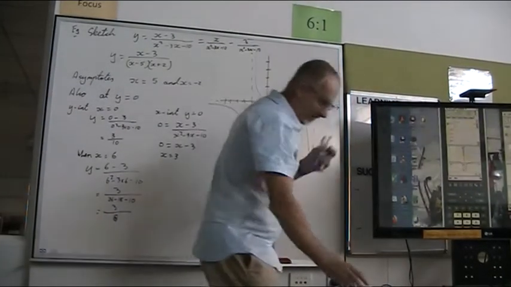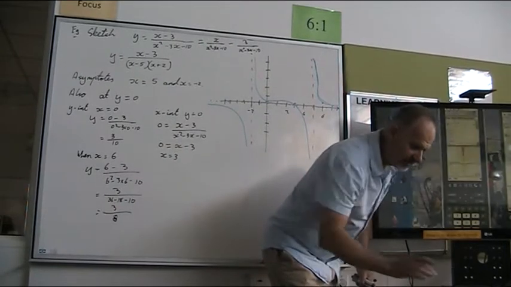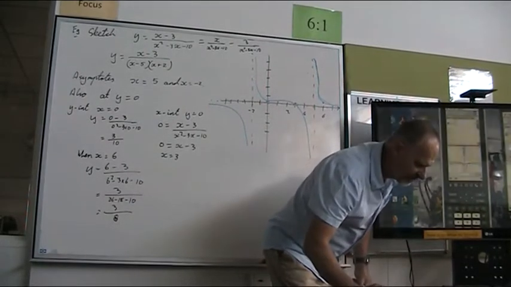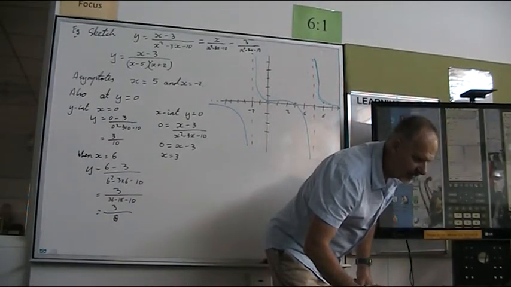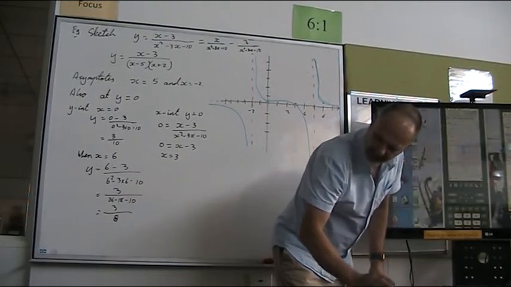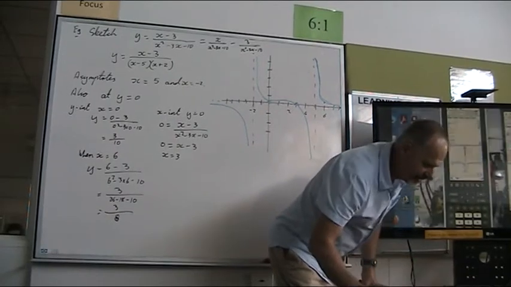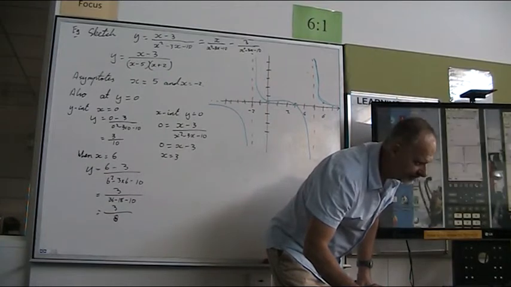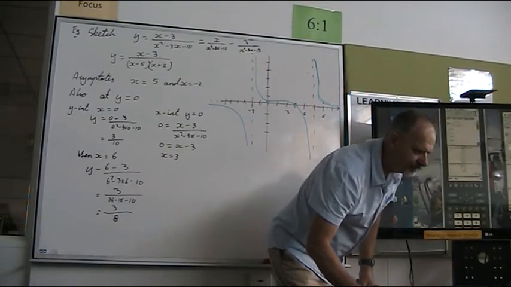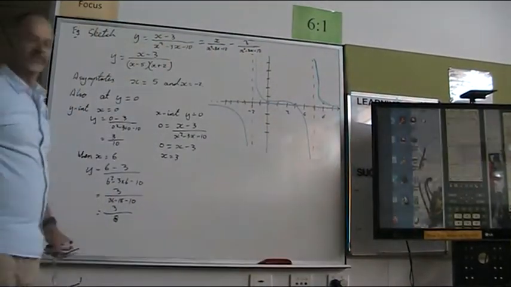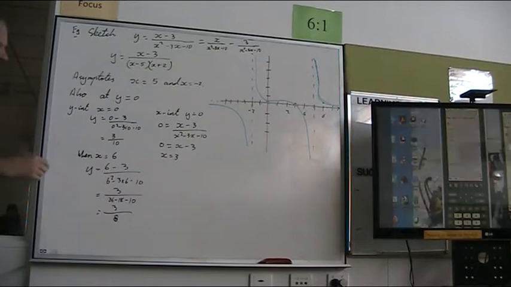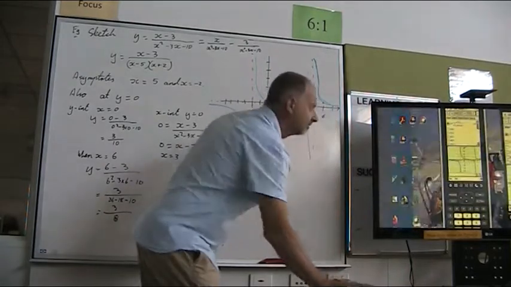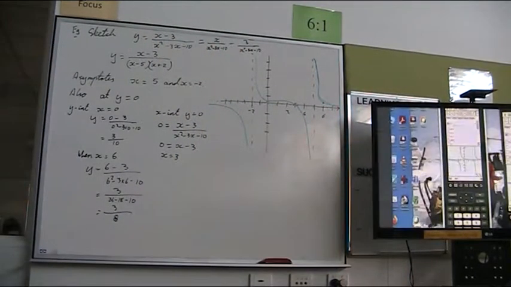Let me draw a graph of it then. Here we go. Up the top, x minus 3 over x squared minus 3x minus... right, there it is.